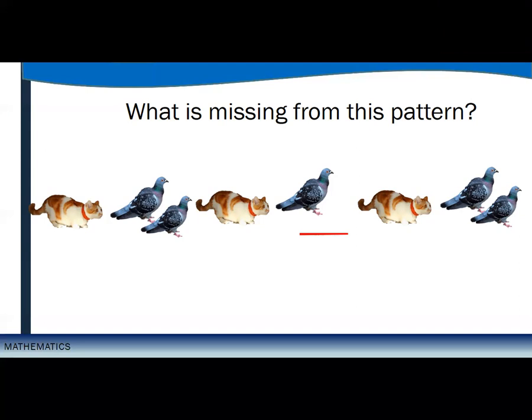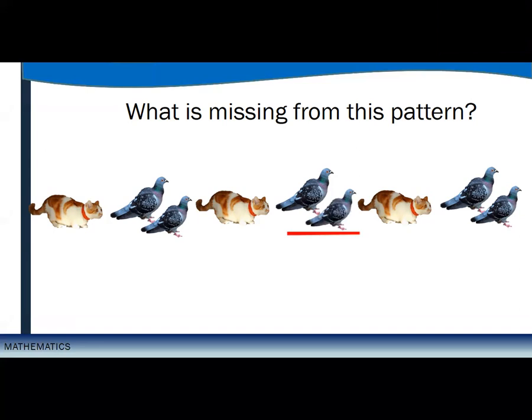Just by looking at the pattern, what do you think goes in the mystery spot with the red line, boys and girls? Awesome. A bird. A bird goes here. Amazing. Let's look at that.